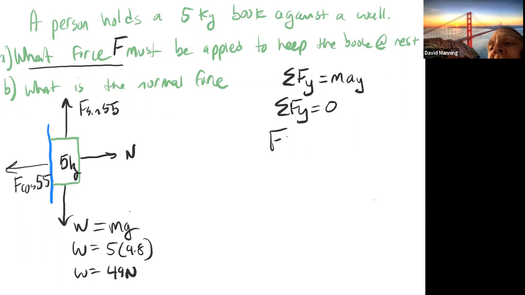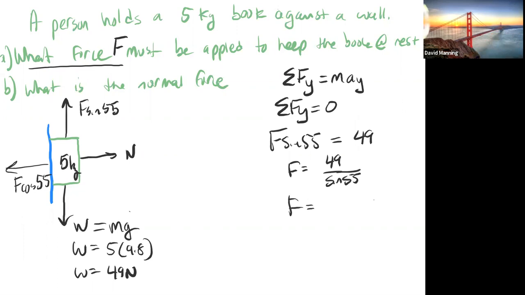So we have F sine of 55 equals 49. F equals 49 divided by the sine of 55, which is 59.82 newtons. That is the force in part 1 that keeps the system at rest. 59.82 newtons.